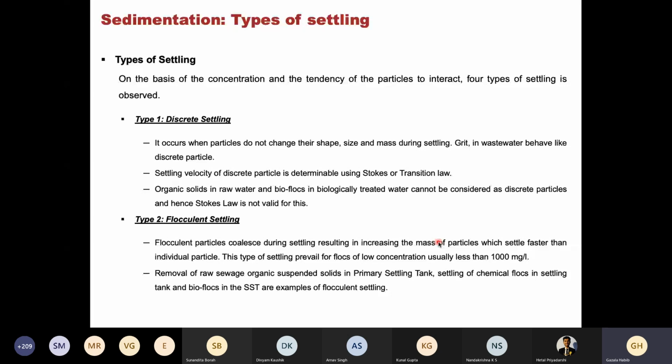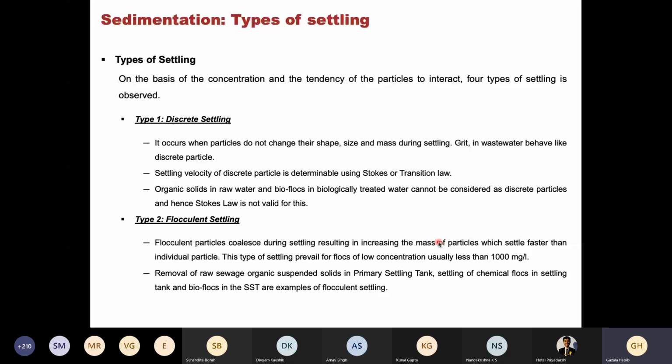However, I'm just saying that this is how the mechanism of settling can be explained. So discrete settling is the settling we think happens when the particles are inert and do not collide with each other. An individual particle has enough mass or gravity to settle down.